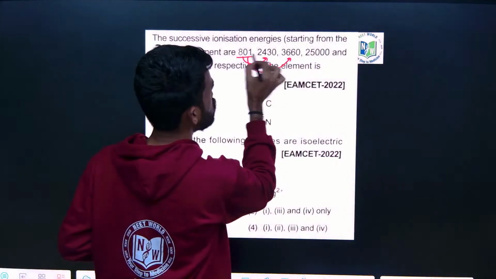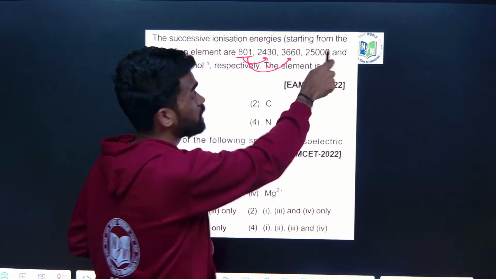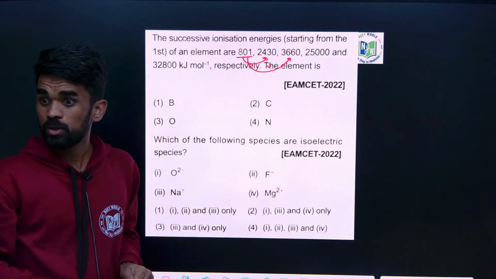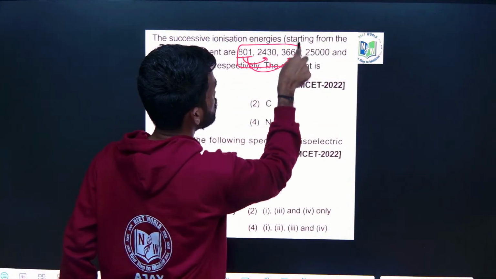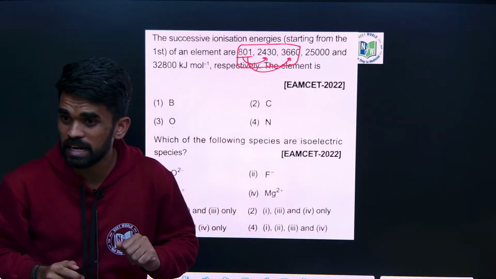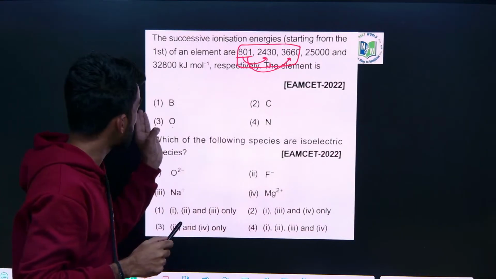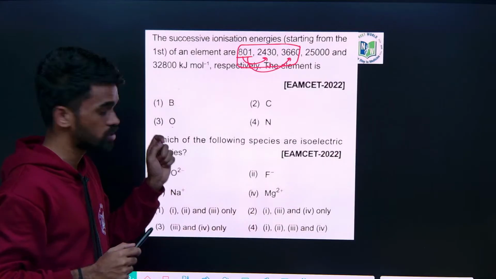But here, this is 2000, 3000, and this is 25,000, which is a huge jump. That jump is after 3 electrons. So how many valency electrons are there in that atom? 3. Now identify the element having 3 valency electrons in the 4 options.